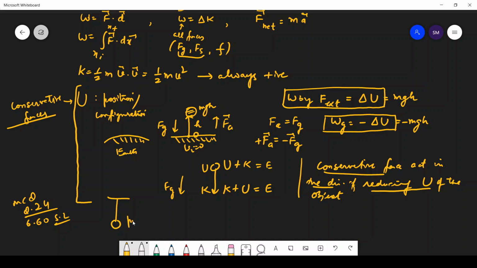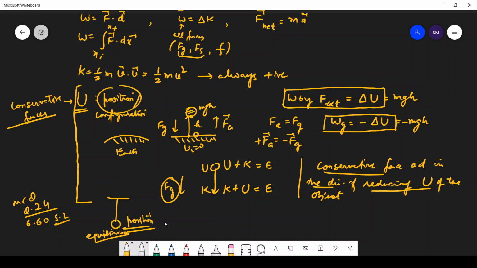So it's the position that I am talking about. Whenever I am talking about position, it means I am talking about the potential energy. And stored potential energy is converted into kinetic energy by the action of a conservative force. So here it is hanging freely and it is at rest, it is in the equilibrium position.